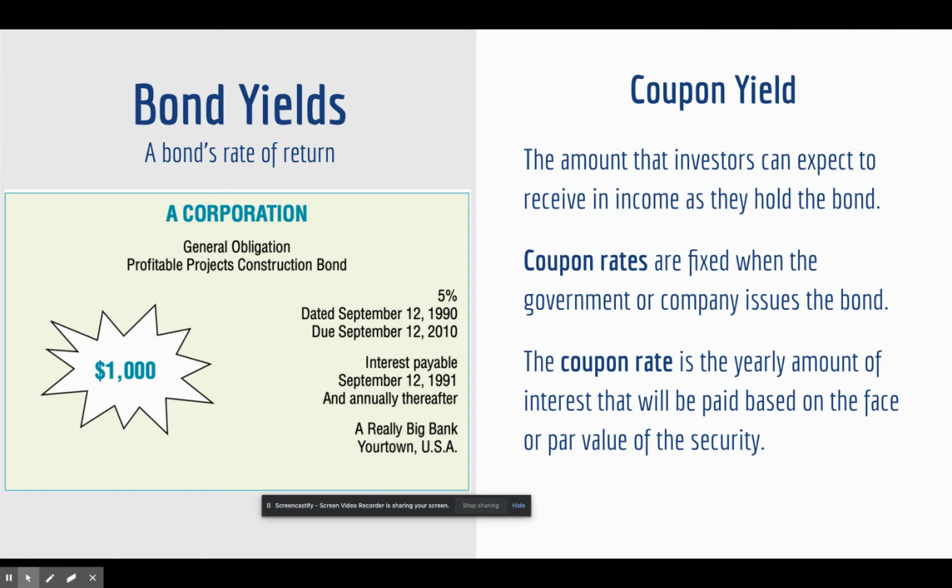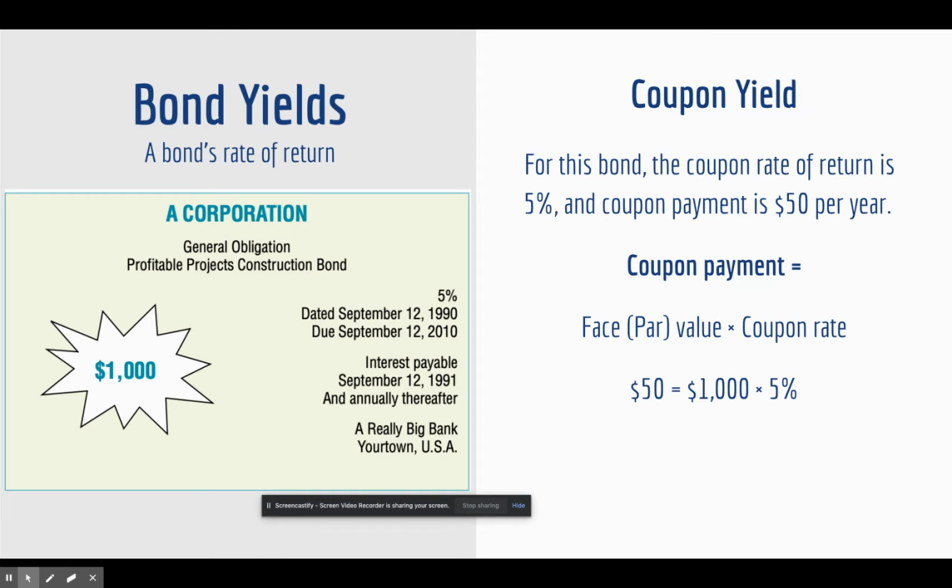That coupon rate, again, represents the yearly amount of interest that will be paid based on the face or par value of the security. And so we got some practice with that last class, thinking about simple interest, where every year I know I'm going to earn 5% on my $1,000 bond. So very simply, if the coupon rate is 5%, my coupon payment is $50 a year.